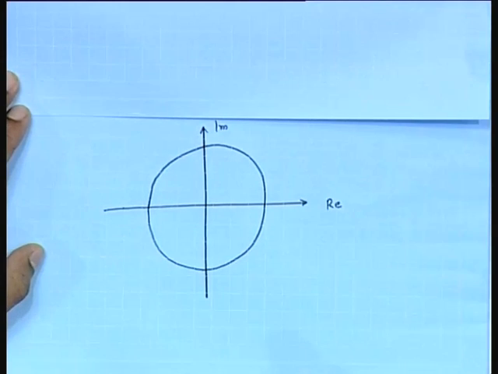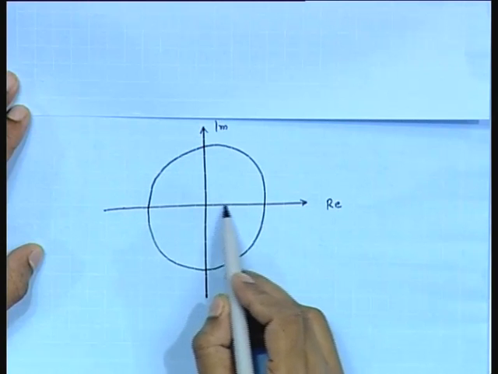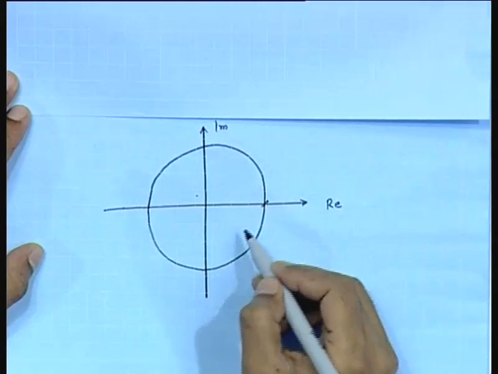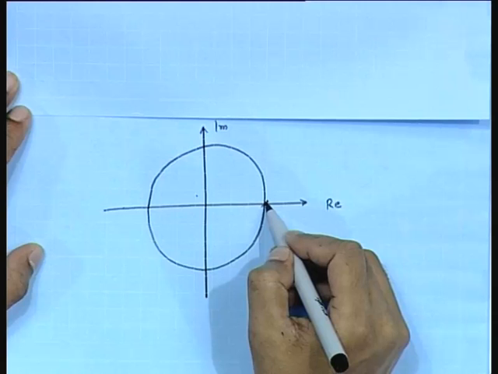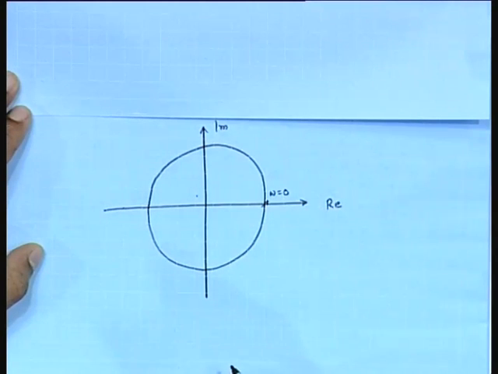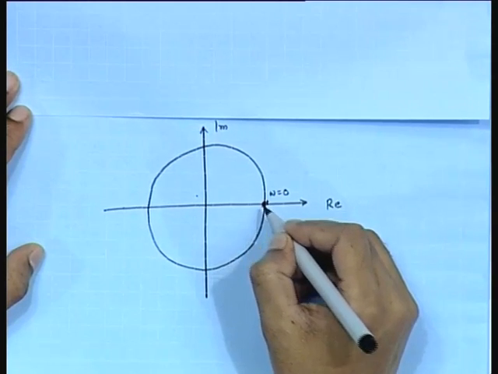Amplitude ratio 1 means this point represents 1. Agree? When phi is equal to 0, amplitude ratio 1 and phi equal to 0 represent this point. Agree? So, we will write here when omega equal to 0, the starting point we get is this one.